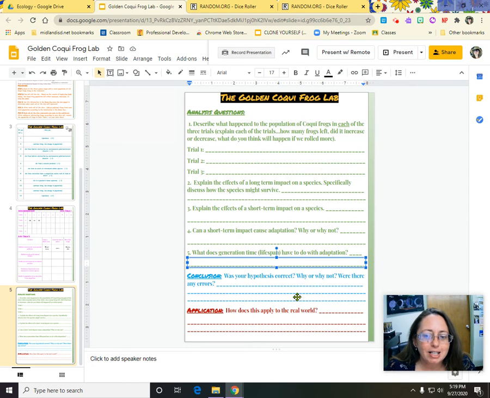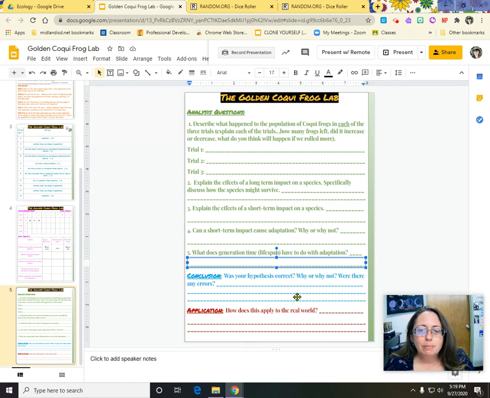It happens faster. Okay. Humans, on the other hand, we live almost 100 years now. So if we live for almost 100 years, it takes forever to see an adaptation in a human. Okay.